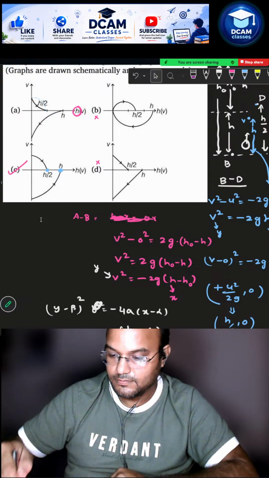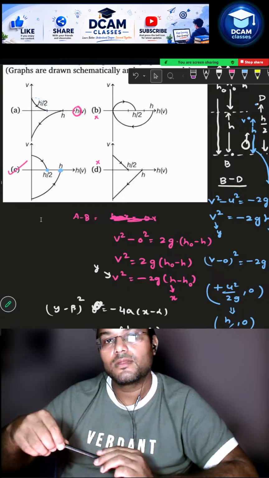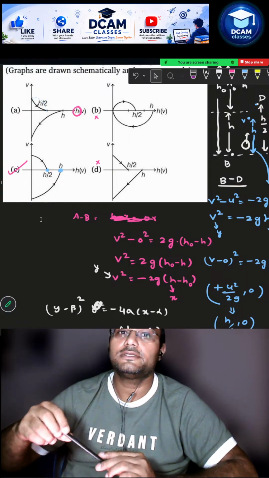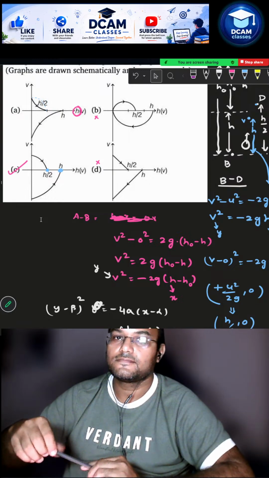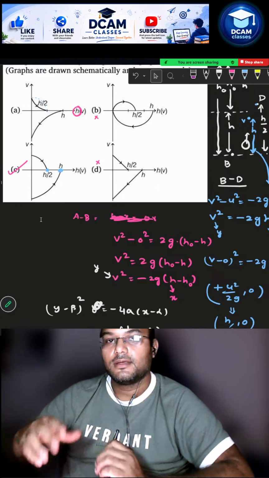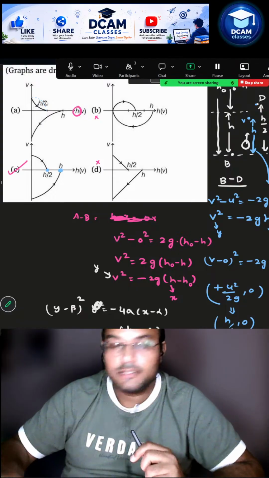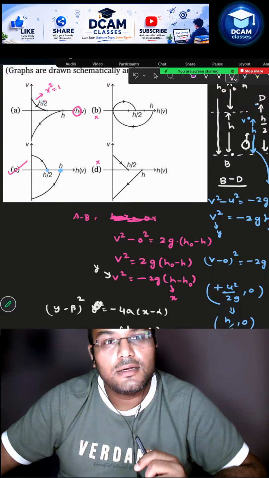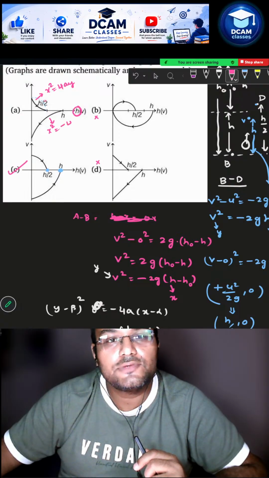Sir, so option A would be right if it was a y square equals 4ax type. No, it was x square equals 4ay type. Oh yeah, okay, I understand. For the two paths, this is x square equals 4ay type, and this one is again x square equals minus 4ay type.